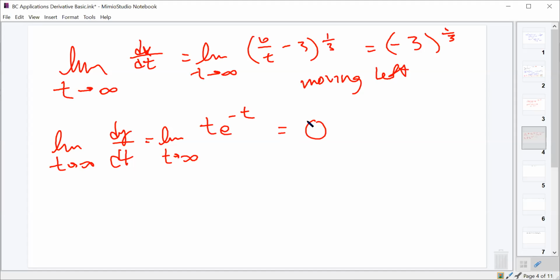Should definitely be 0. And what does that tell us? If the change in the y values is approaching 0 as t goes towards infinity, what should our particle be doing? What should it be approaching? If the rate of change of y is effectively becoming 0.